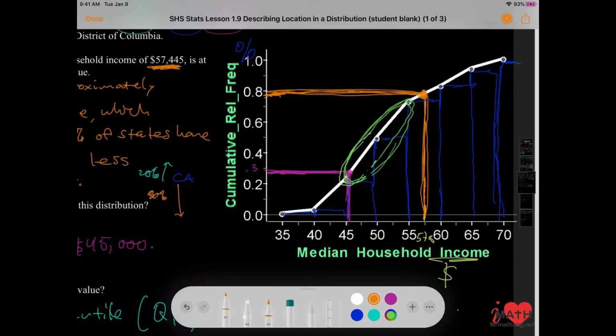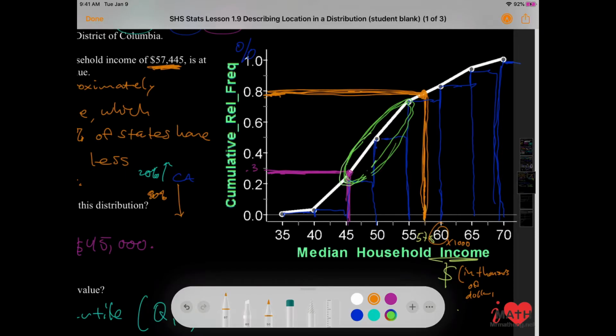So I'm going to start here, in between my intervals, between 55 and 60 is 57.5, so $57,500. They should have written measured in thousands of dollars, right? Because you're taking this number and multiplying it by 1,000.